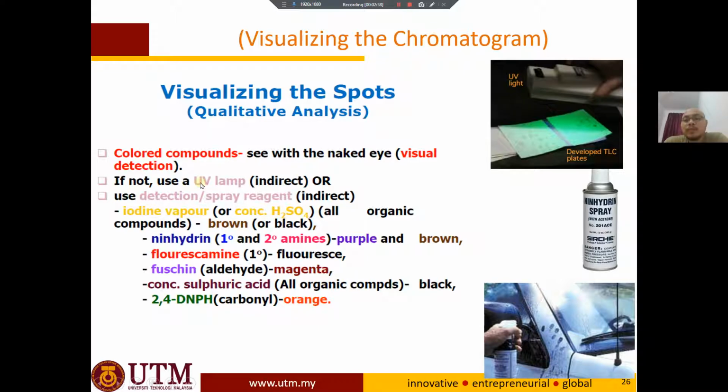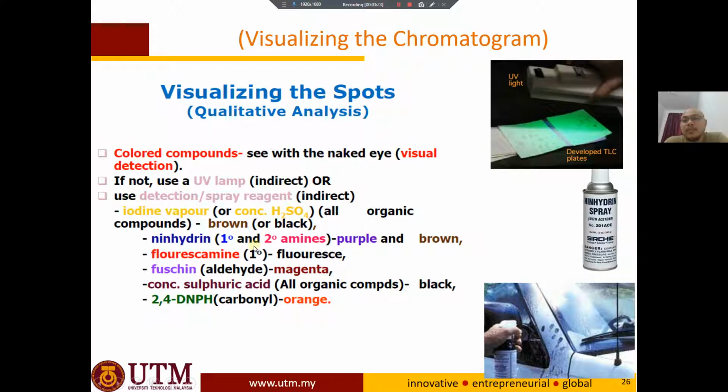If the UV lamp does not provide a very good observation, then I will use chemical enhancement, for example iodine or concentrated sulfuric acid. It will react with all organic compounds and produce brown or black spots.